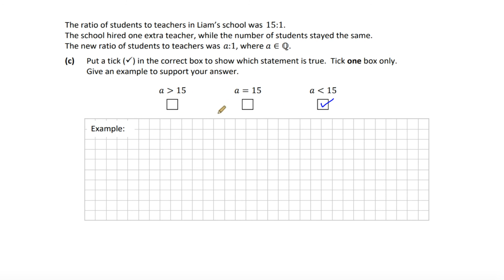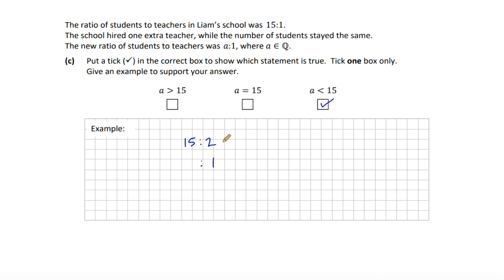So the example, one way to look at it is if you hire an extra teacher, that means the number here goes up. So let's say instead of 15:1, we had 15. Let's increase the number 1 there. If we just increase it to 2, for example. If you look at this ratio, in this case the number of teachers has increased. And we try to express this ratio now as something to 1.